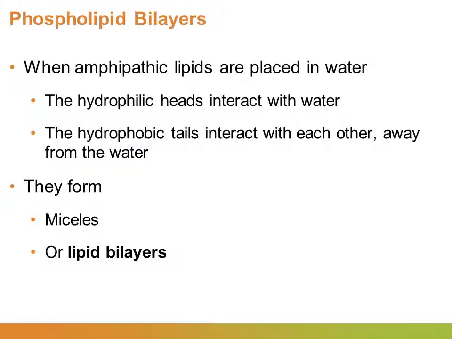It's sort of like when you're looking at an oil and vinegar dressing, and you see little globules of oil floating around in the vinegar and water. This is the type of globule I'm talking about that forms the plasma membrane. They can also form micelles and lipid bilayers like our plasma membrane.